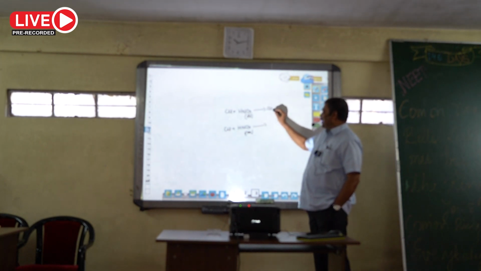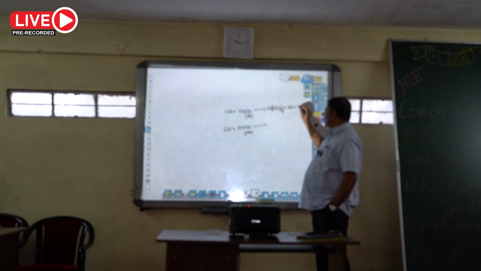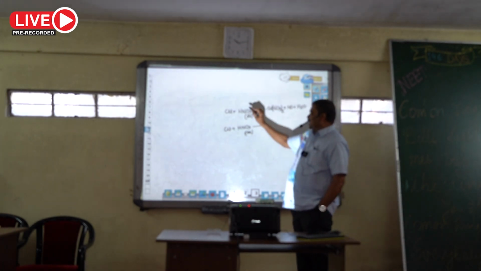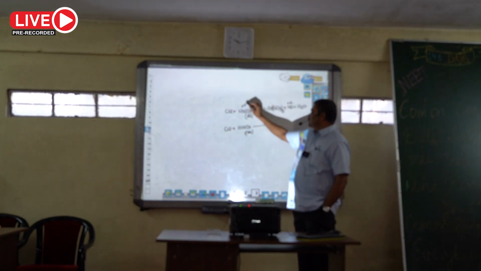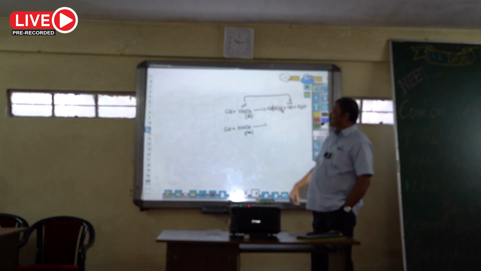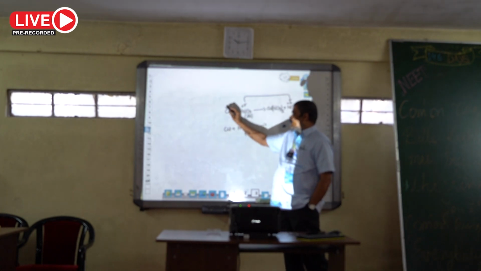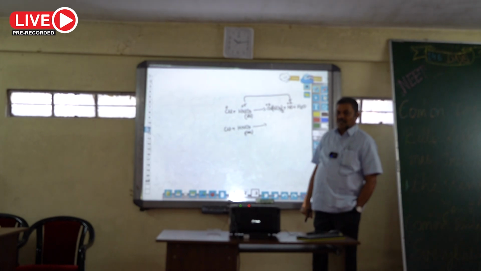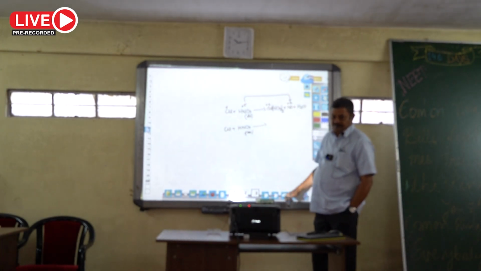So here cupric nitrate, Cu(NO3)2 plus NO plus H2O. Means here N is reduced from +5 to +2. Copper is oxidized from 0 to +2 state. It's a redox reaction. This also we discussed.